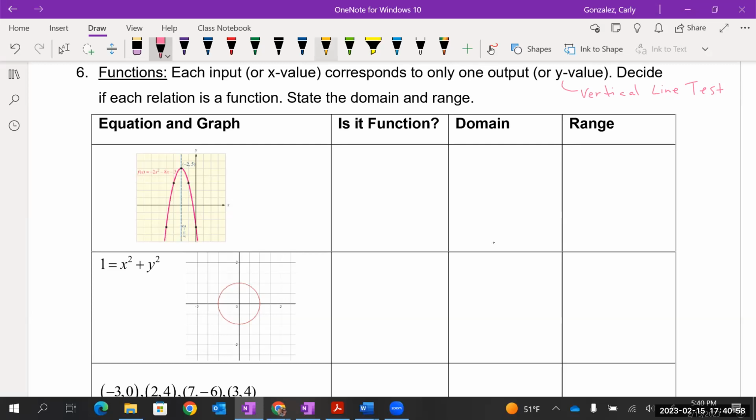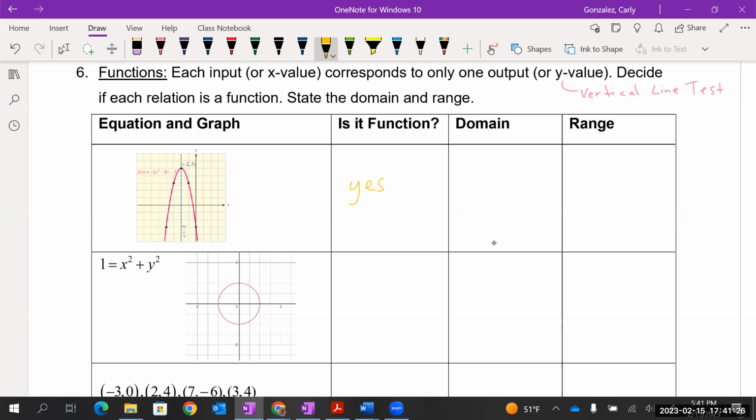So we'll go ahead and test it. Let's test with different vertical lines. If I take this vertical line right here, or this one on this first graph, notice that every single vertical line will only cross that graph once. So yes, it is a function according to the vertical line test.